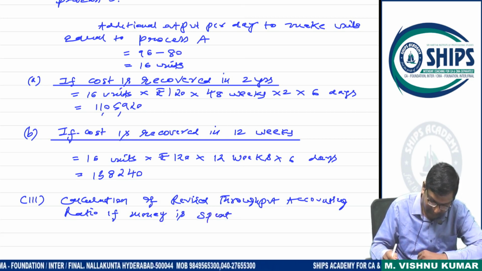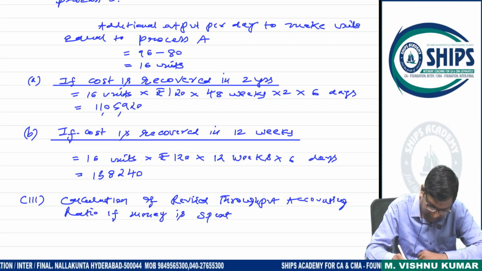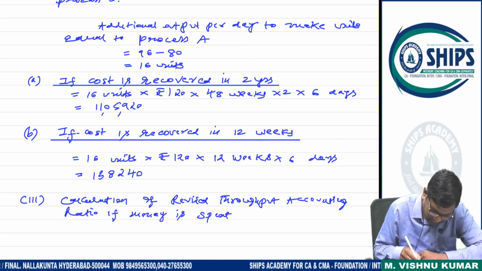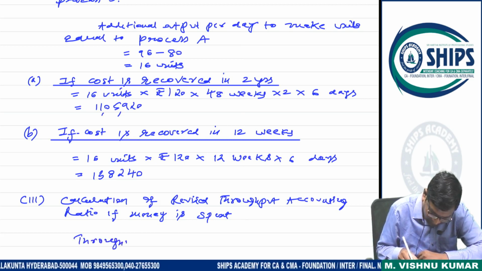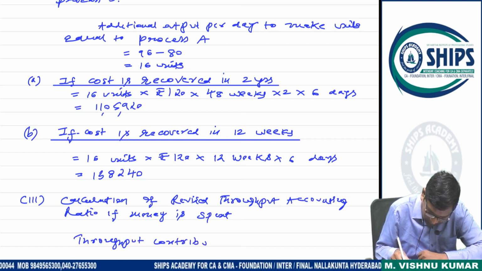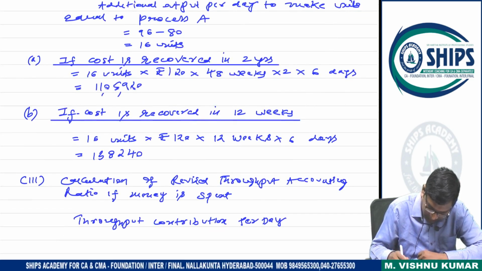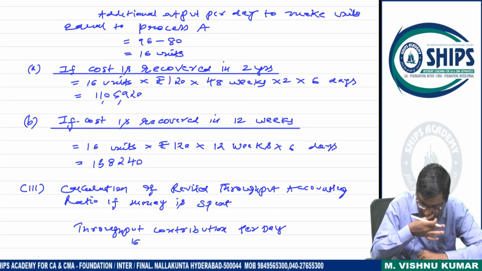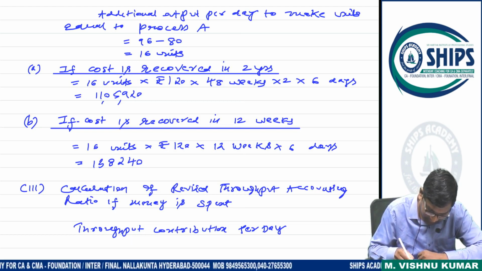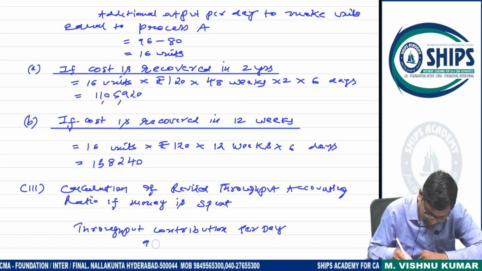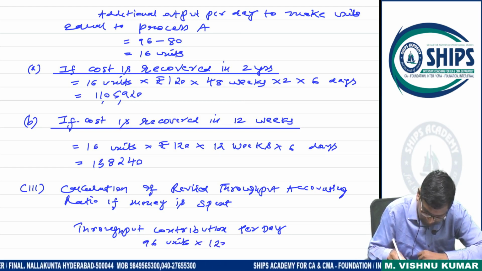So very simple: if money is spent, every day output will increase by 16 units. So throughput contribution per day will be 96 units into 120.